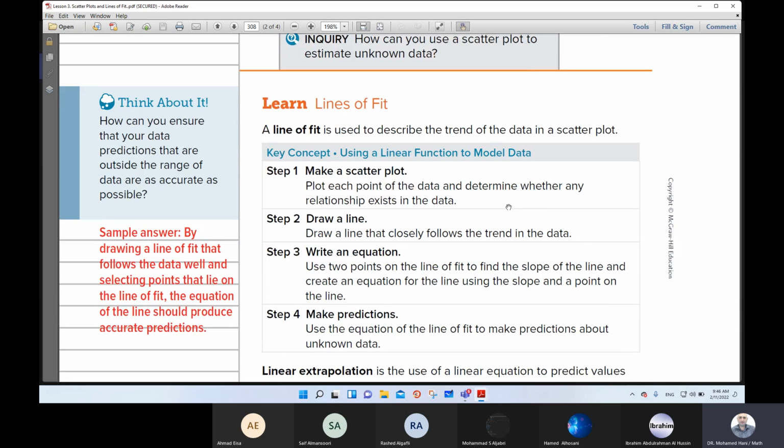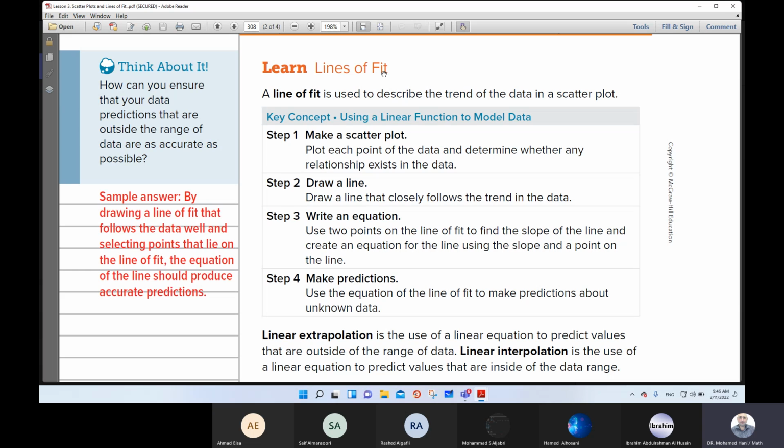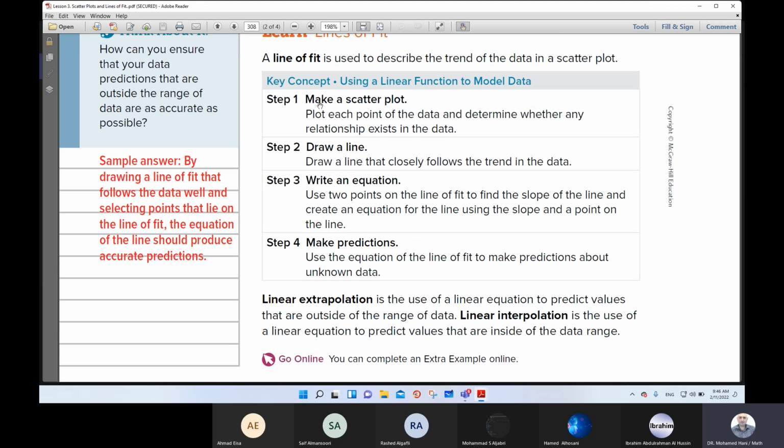The second idea in this lesson: lines of fit. A line of fit is used to describe the trend of the data in a scatter plot. The first step is to make a scatter plot. Plot each point of the data and determine whether any relationship exists in the data.